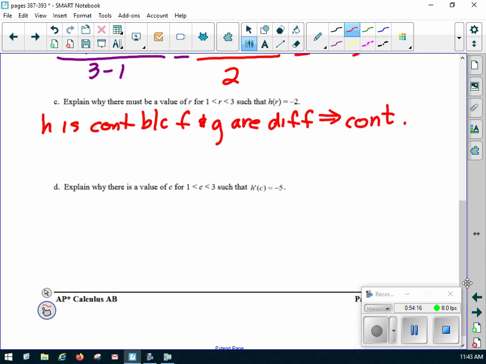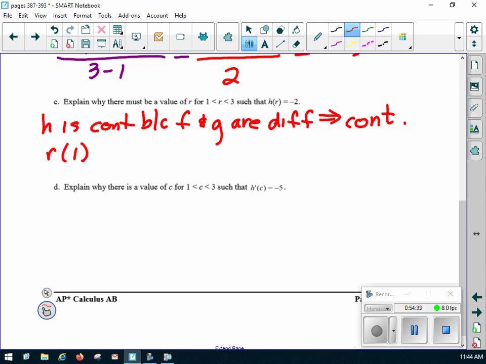Now, what else do we have to do about intermediate value theorem? I've got to find the y values for x equals 1 and x equals 3.